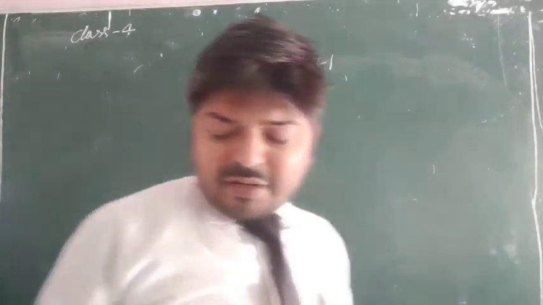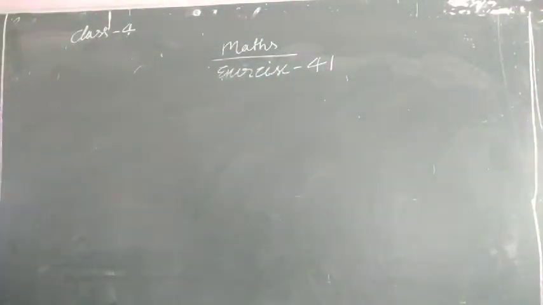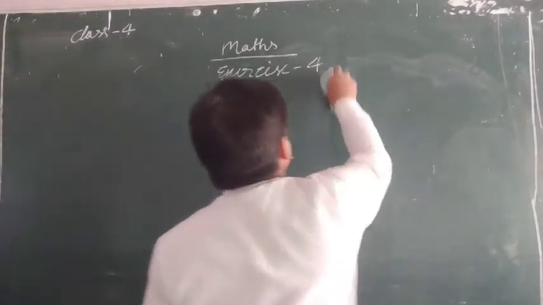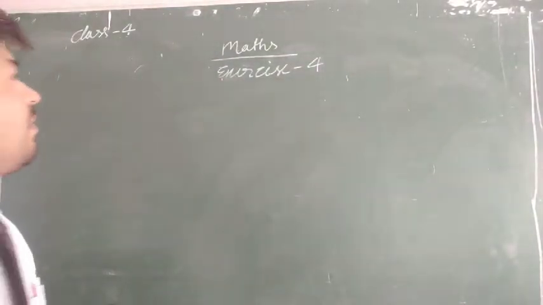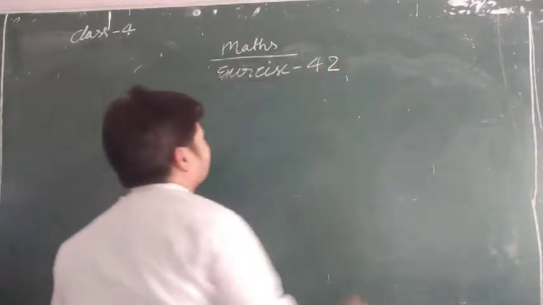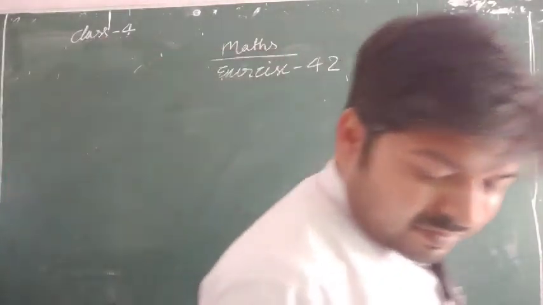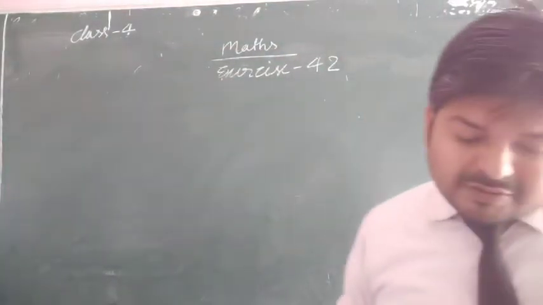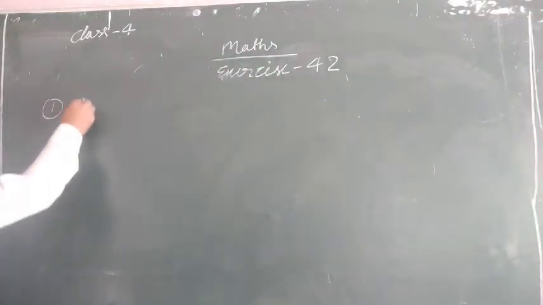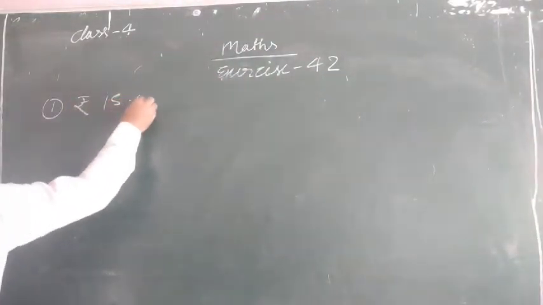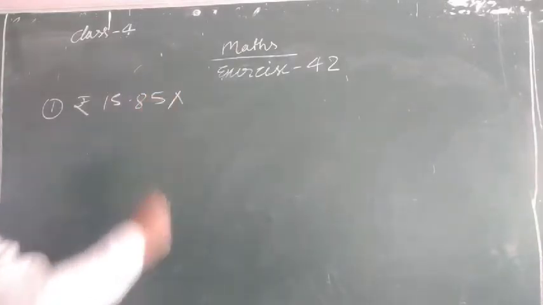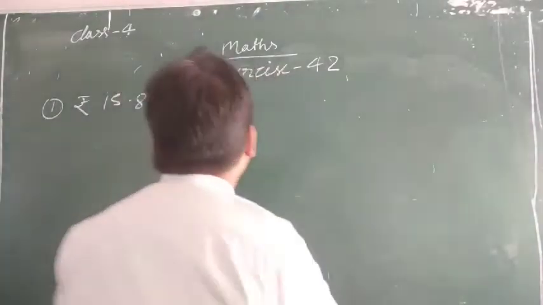Now I am going to tell you exercise 42. The first question is rupees 50.85 multiplied by 8.